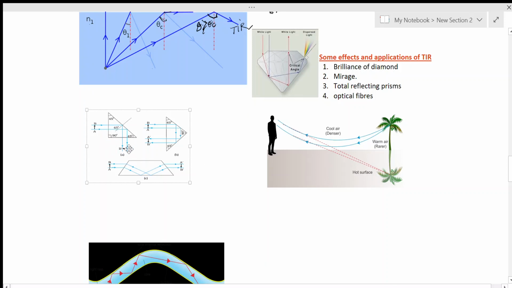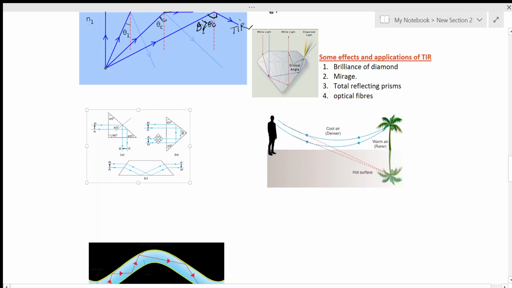In total reflecting prisms, what you could see is, here there is an object. From the object, the ray of light falls on this face of the prism, and it bends back down. So from the path of the ray of light, you can see that this AB, the upright image, is now horizontal. That means it is turned through 90 degrees.